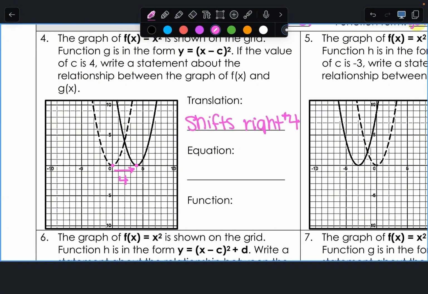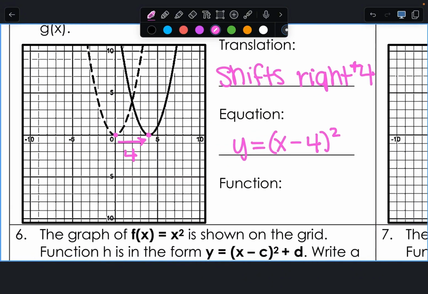So my equation is going to be y is equal to parentheses x minus or plus 4? Minus. It will stay as a minus 4. Now we switch it to function form. Y equals changes to g of x.